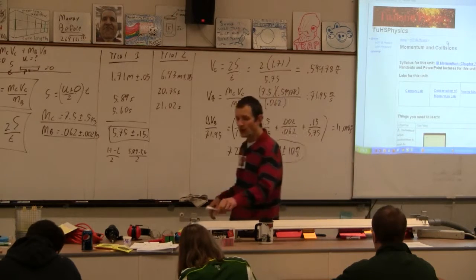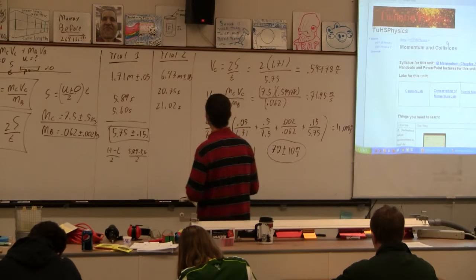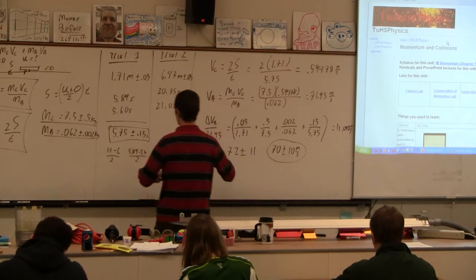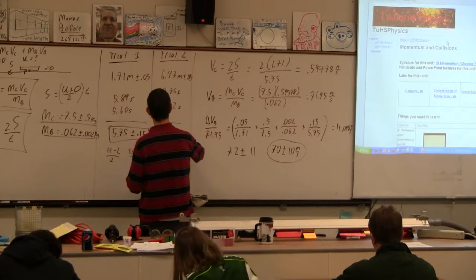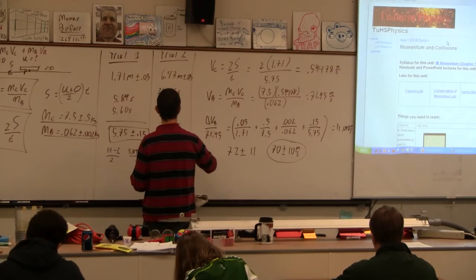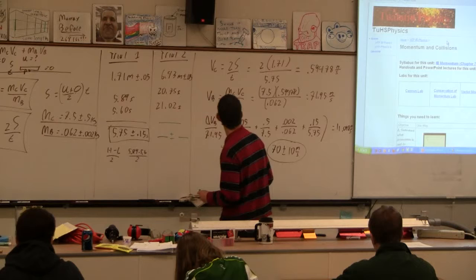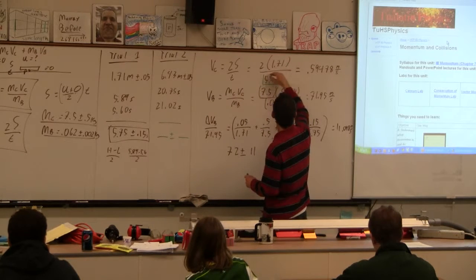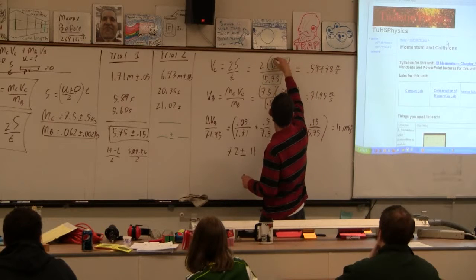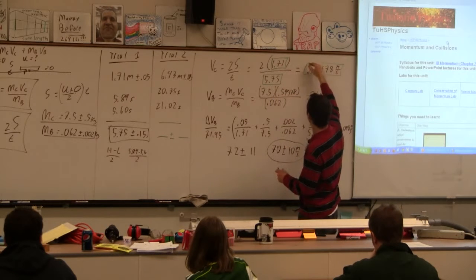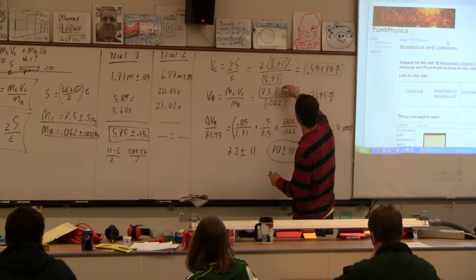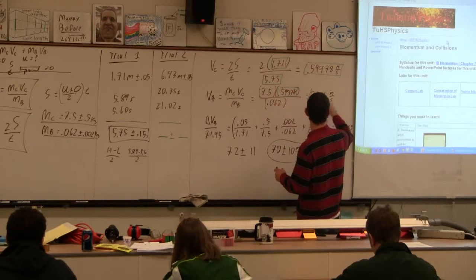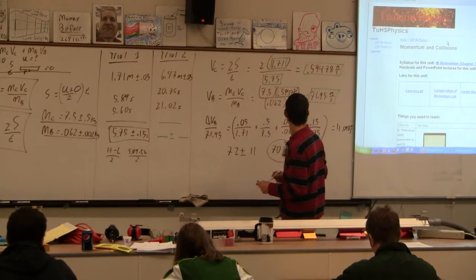Okay. So for trial 2, you want to calculate that, of course, right? And of course, you're going to end up with a different something plus or minus something, right? Aren't you? So this number is going to be different. This number is going to be different. This number will be different then, right? Which means that number will be different. This will be the same. That'll be the same. This guy will be different, though.